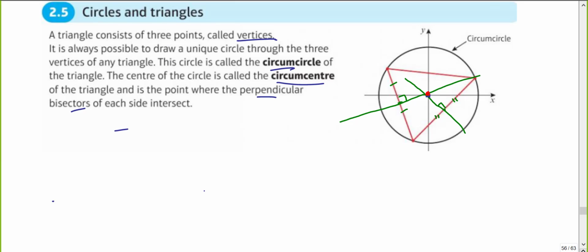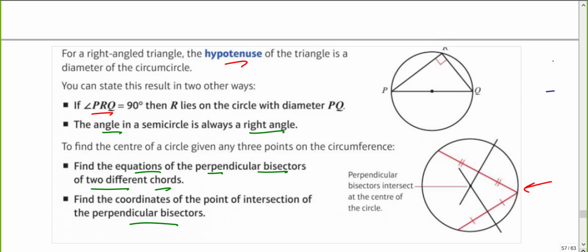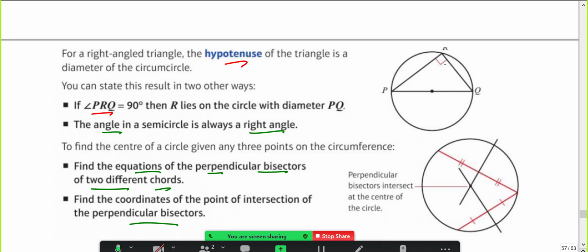Let's see a question. Now, before the question, there's a couple of properties you have to know about. Also important. We said for any given triangle, we can draw a circle passing through the vertices of the triangle.